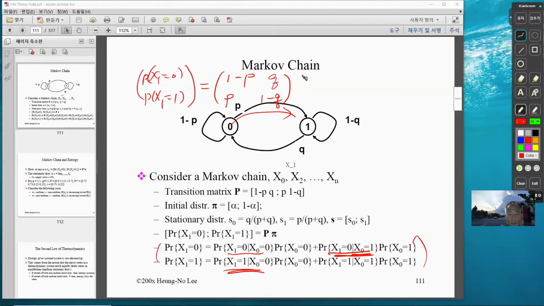And then this one, starting from state 0 and 1. Okay, so that's the basic equation.